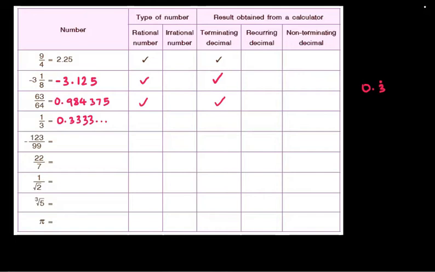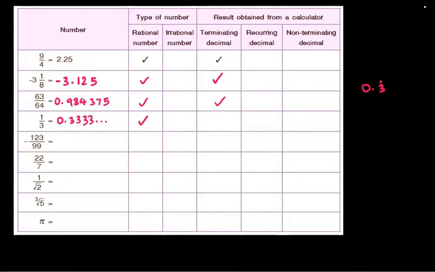Now, it is 1 out of 3. It has a numerator, the number up, and the number down. 1 is the numerator and 3 is the denominator. So since this can be written as a fraction, we will say that it is a rational number. But you see the digits after the decimal point do not terminate.